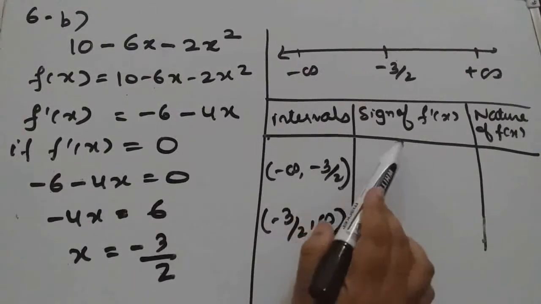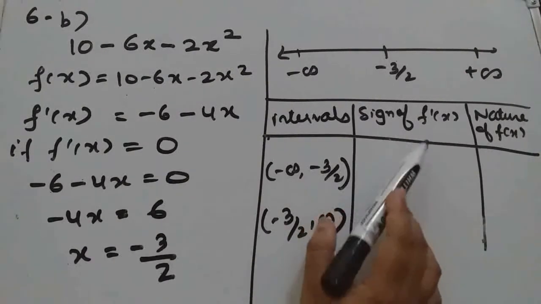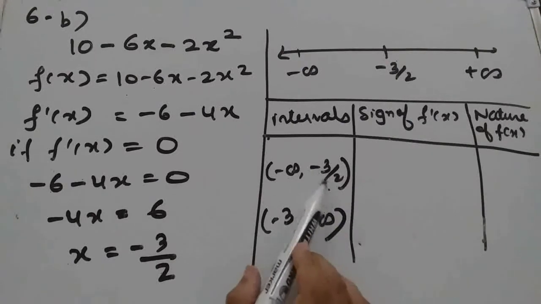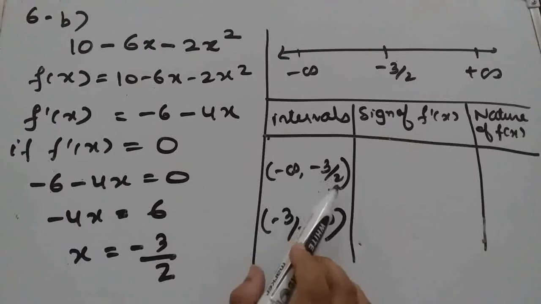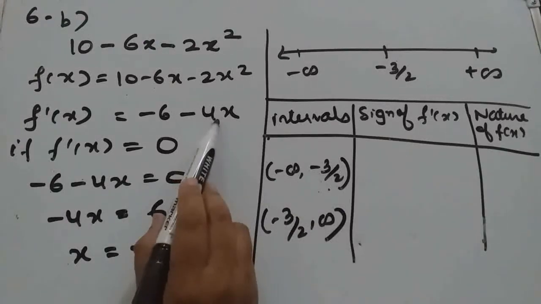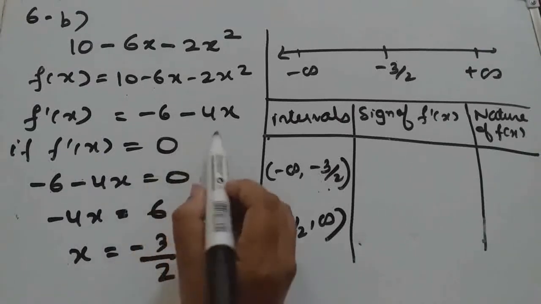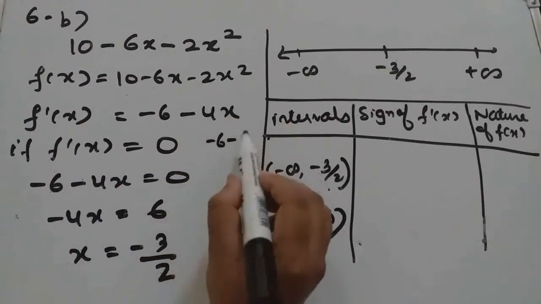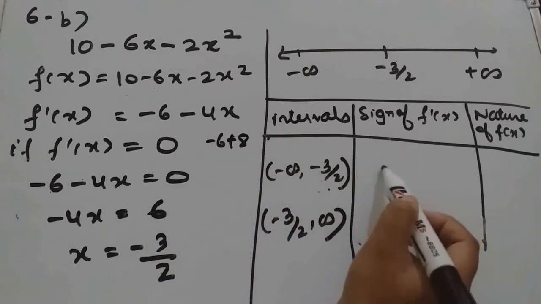So we can write sign of our derivative function, we can check here. Suppose substitute minus 3 by 2. Okay, so less than minus 1.5, so we can substitute minus 2 value here. So if we substitute minus 2, see, minus 6 minus 4 into minus 2 means plus 8. So a positive value we will get here.